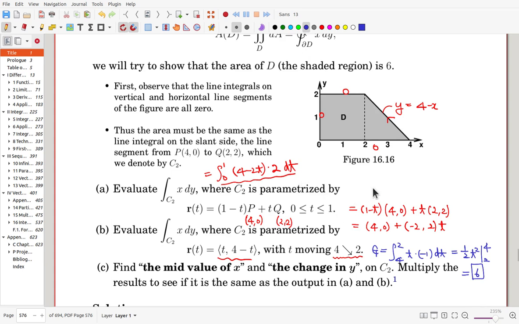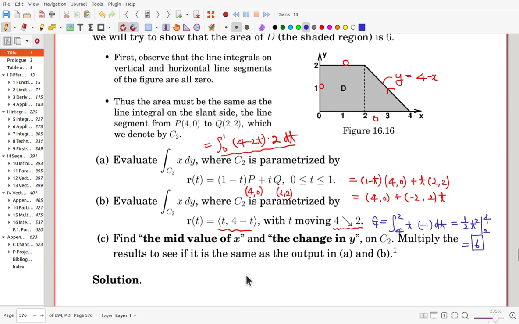Now, we can get the line integral with this final technique. You may try to get the mid value of x and the change in y and multiply. Here the mid value of x is 3, and the change in y is from 0 to 2. 3 times 2 is the answer.